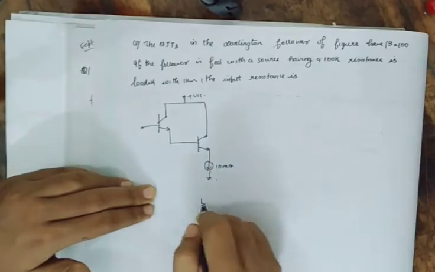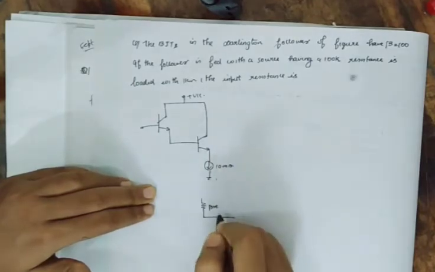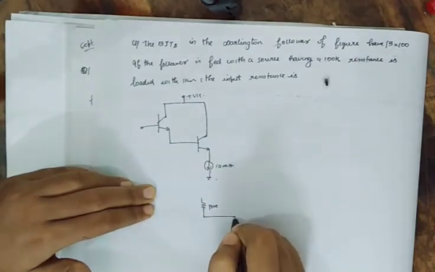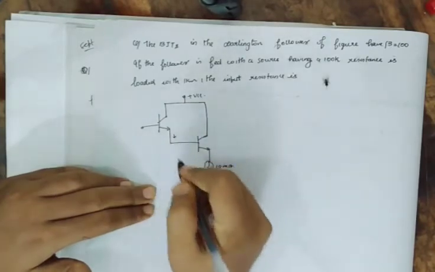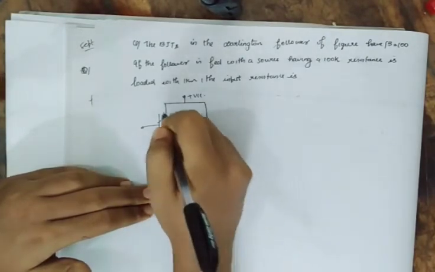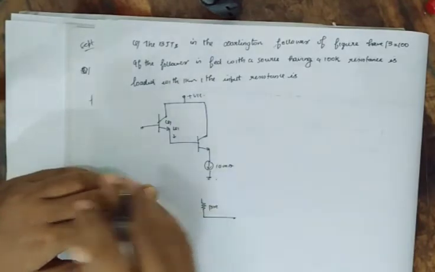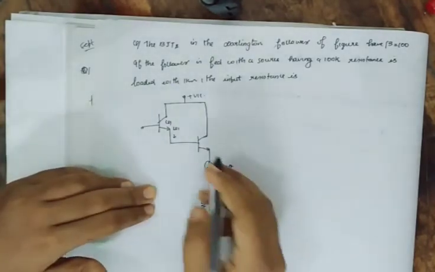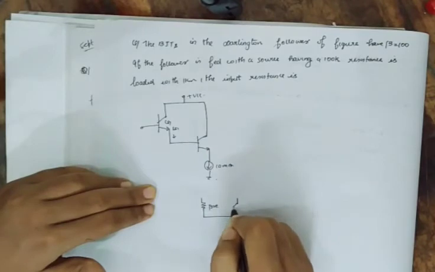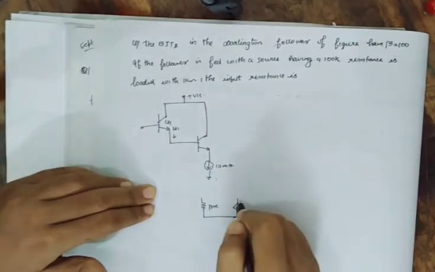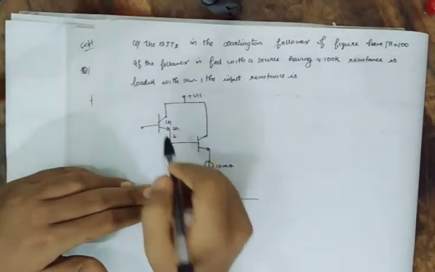That is base to emitter, that is beta Re. This emitter is E1, this is Q1. Okay, so beta Re, this is its collector to emitter.